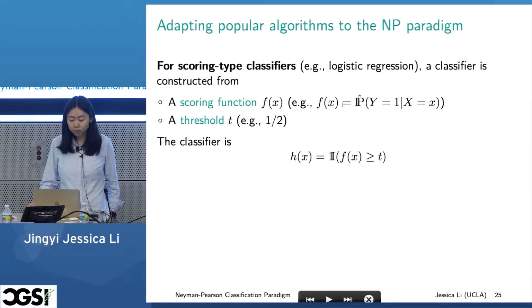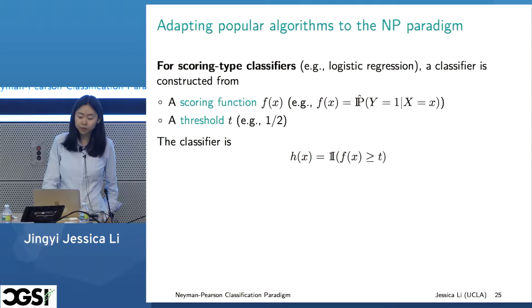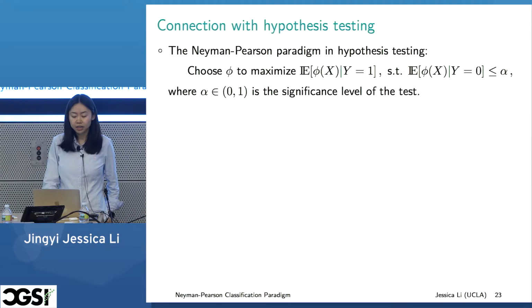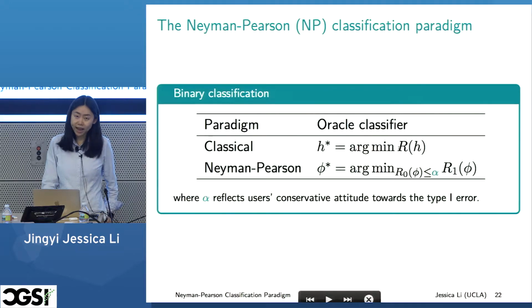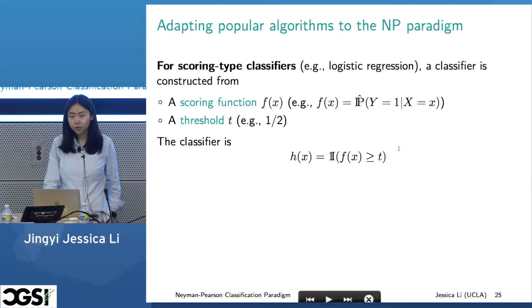Then in logistic regression under the classical paradigm, which everybody uses, we have this threshold by default as 1/2. In other words, if your predicted probability of y equals 1 is greater than 1/2, then you output label 1. Otherwise, you output label 0. But in our setting, this threshold becomes something we need to estimate. It's no longer by default 1/2.